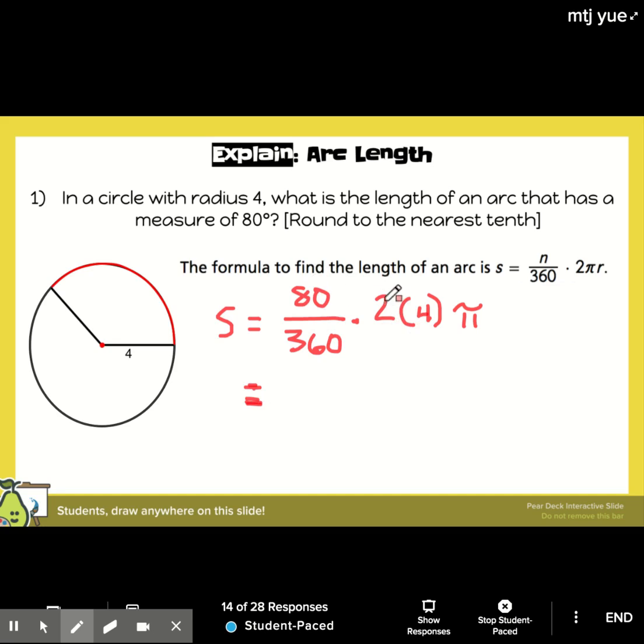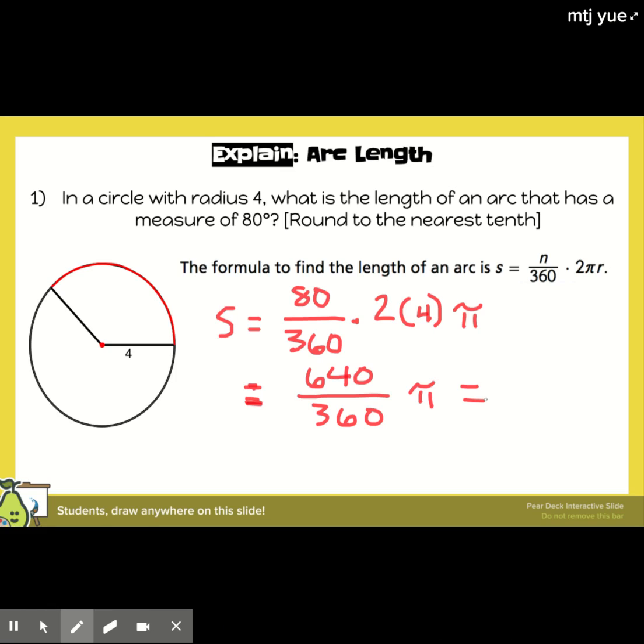And so 80, and this will be 8. So 80 times 8 will give us a total of 640 divided by 360, right? So that's pi. And from here, we're just simplifying 640 divided by 360.